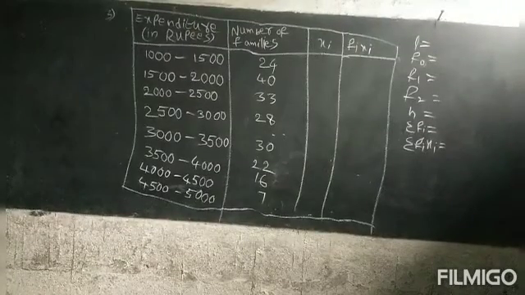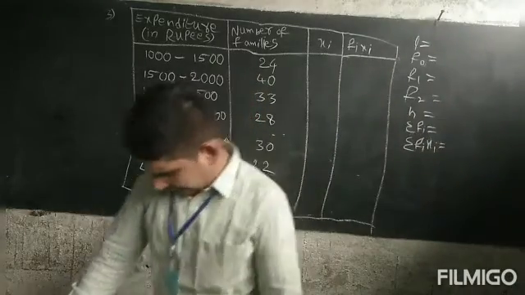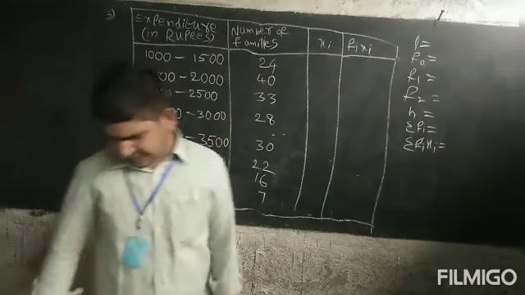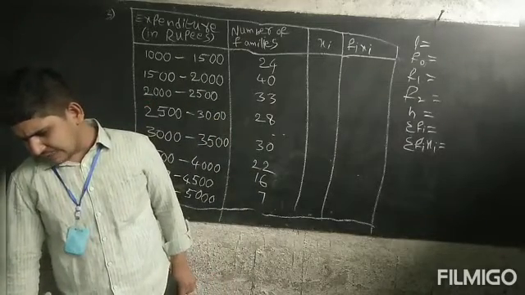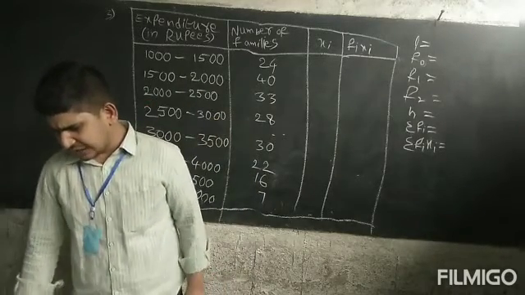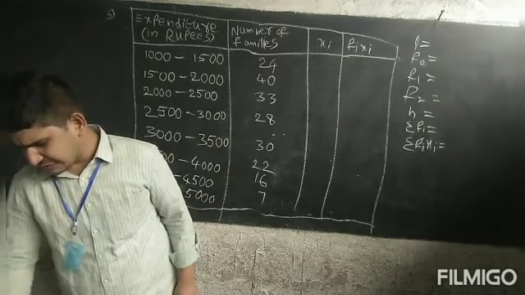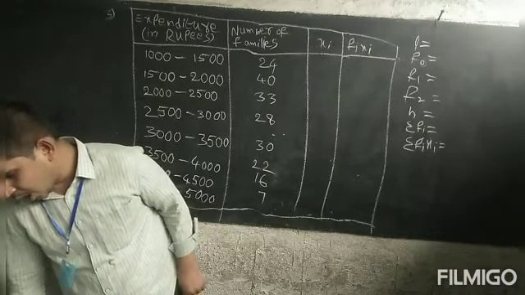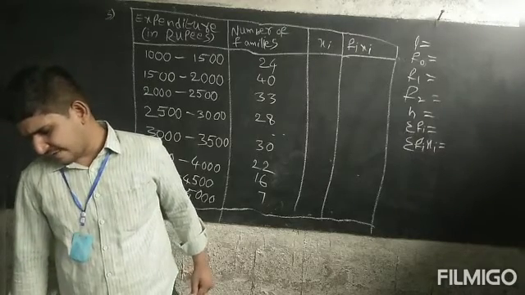Now, next problem. Problem number 3 in your exercise 14.2. The following data gives the distribution of total monthly household expenditure of 200 families of Gummadi village.